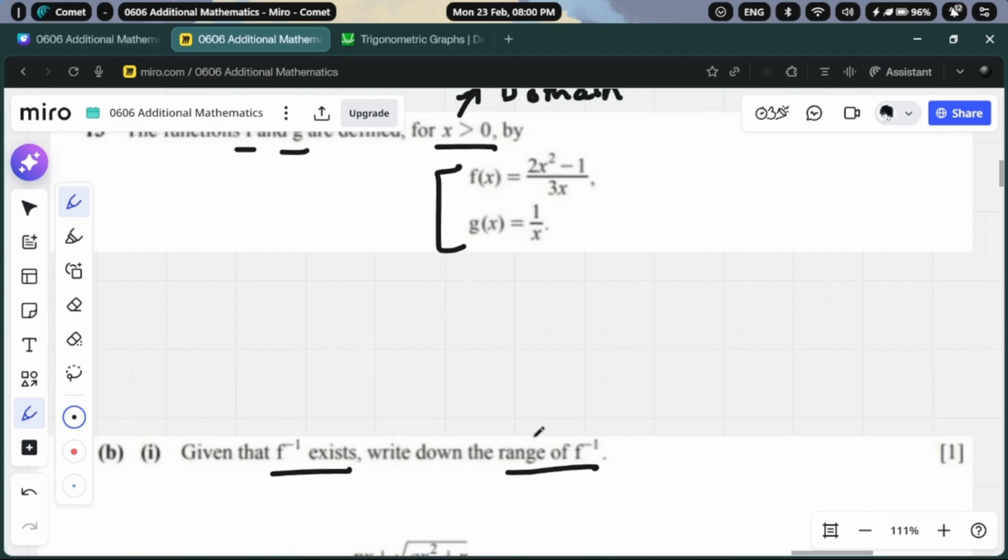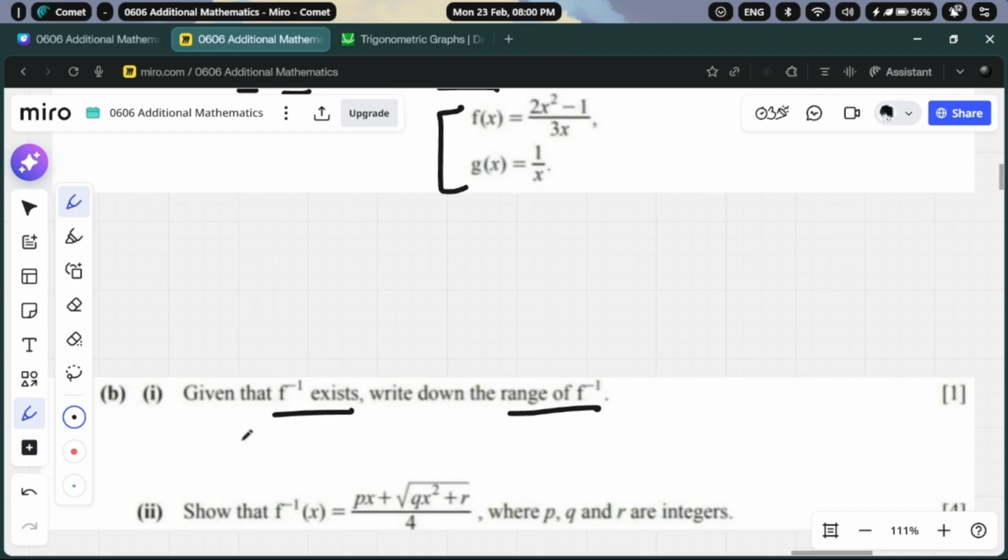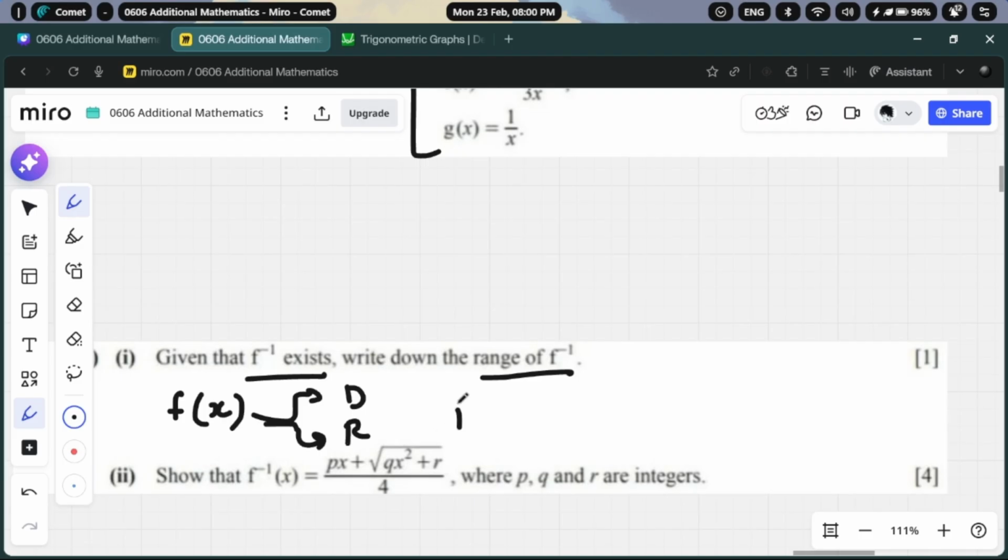Now, the inverse function, basically, if you have an original function, and it has a domain and it has a range, then when we talk about the inverse function, the domain of f of x becomes the range of the inverse function.